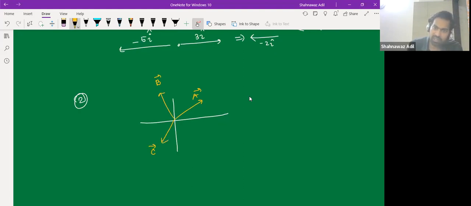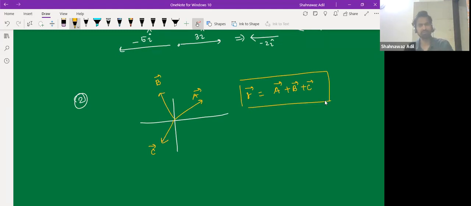So the resultant would be the vector addition of these three vectors. Understood? Any doubt in this, guys? Yes, sir. Okay.